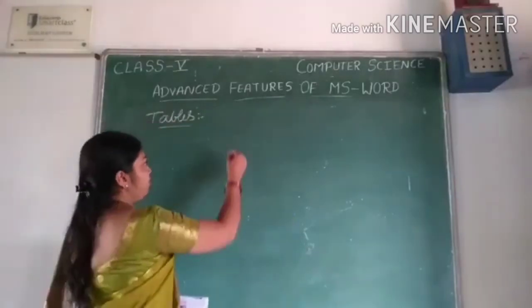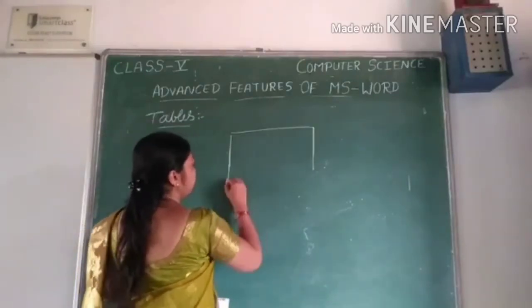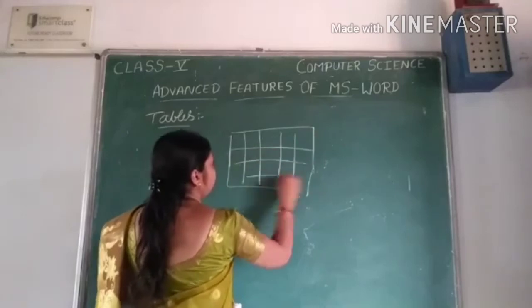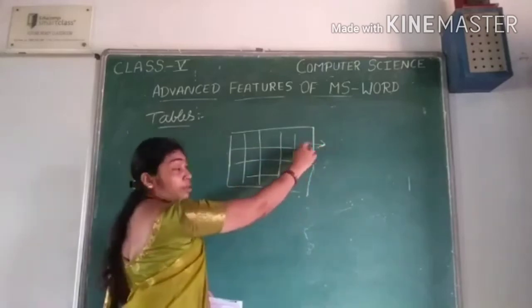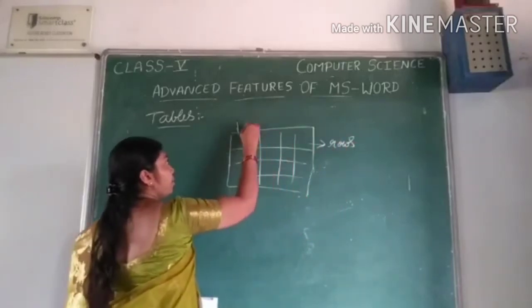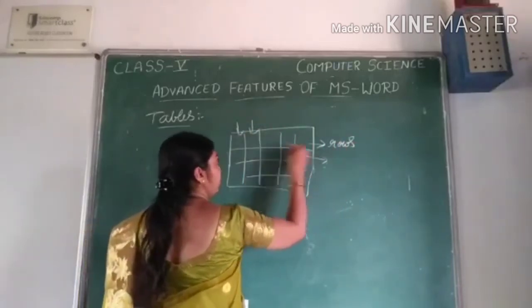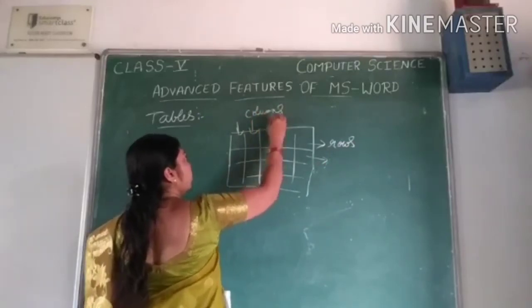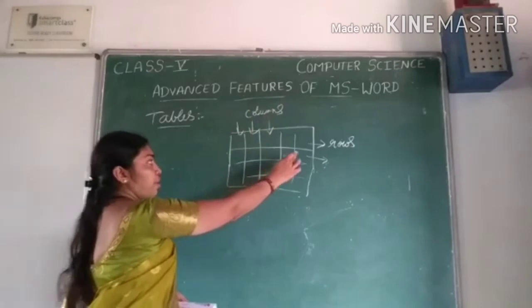When we see tables, it is like this. These are called rows, and this is the columns.